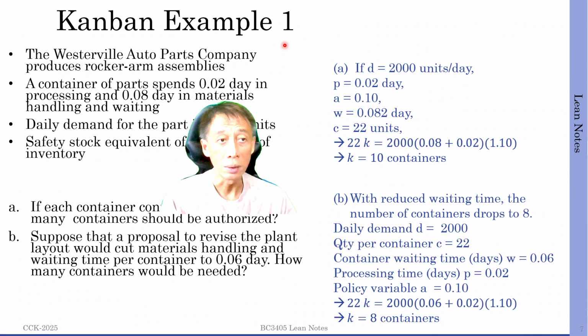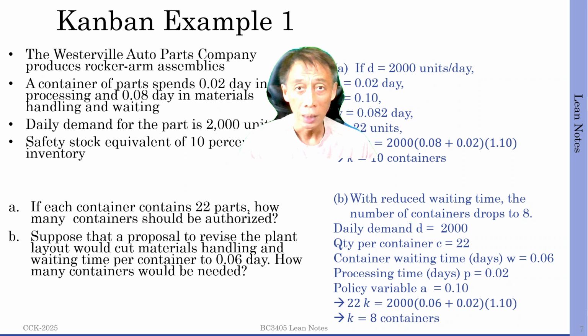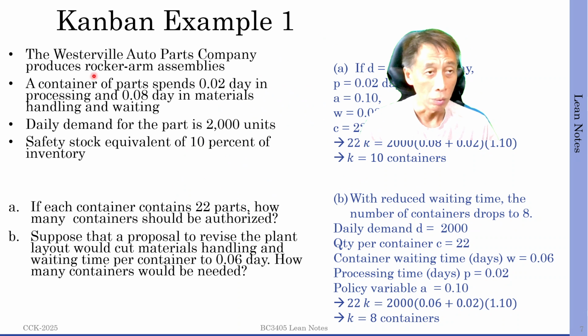Next, let's look quickly at some examples, because the calculations are very simple, but I just want to walk through them. So I'm talking about auto parts here. A container spends 0.02 day. I need to standardize the timing to the same units, then it makes sense. So it spends 0.02 day in processing, 0.08 day in materials handling and waiting to be processed.